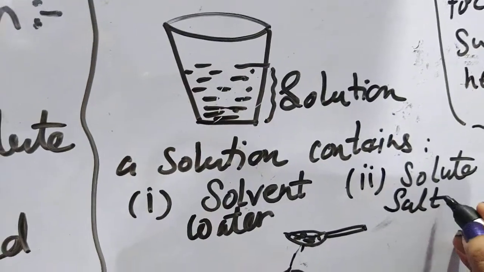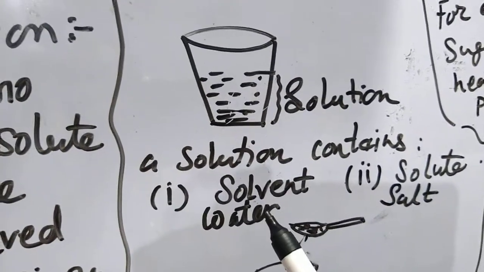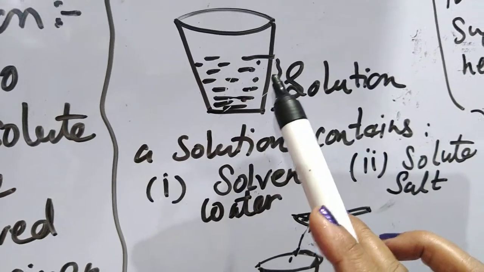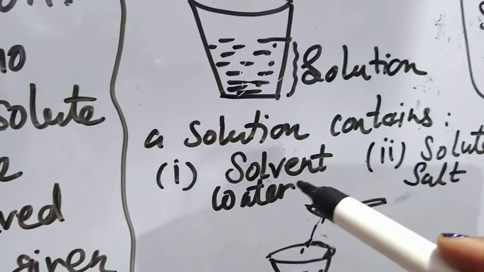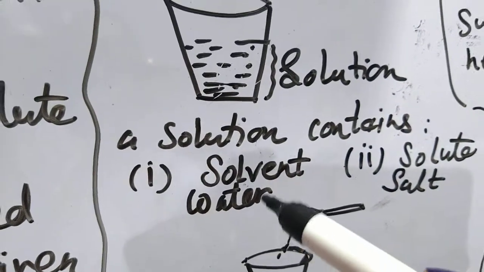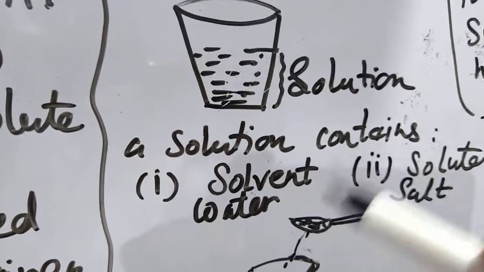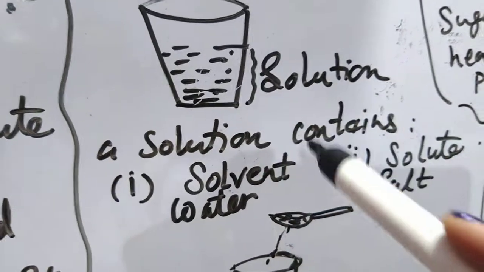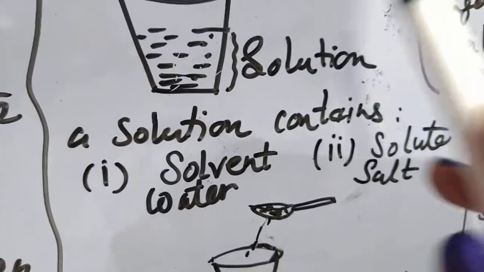Here the solvent is the component which dissolves the particles in it. Sometimes when you drink sugar milk, milk is the solvent and sugar is the solute. Solvent plus solute mixed together makes a solution.